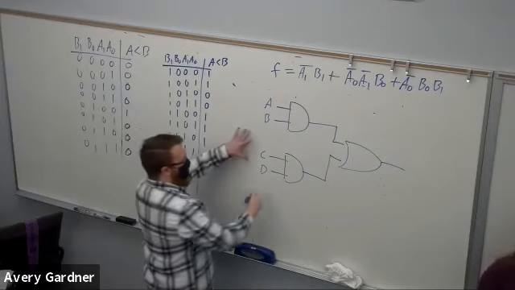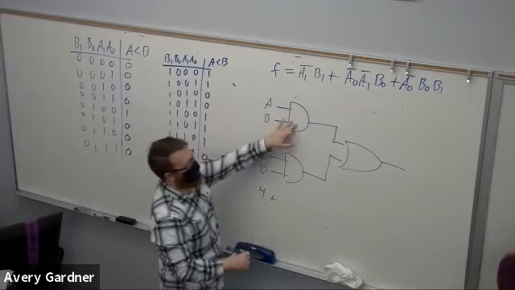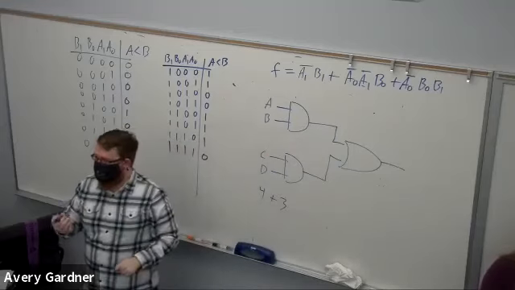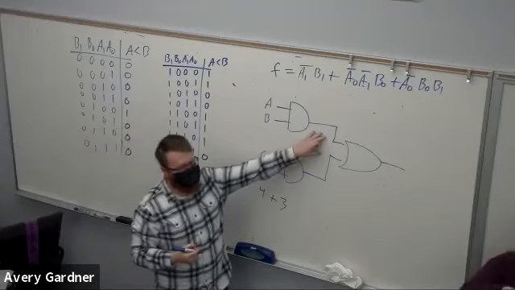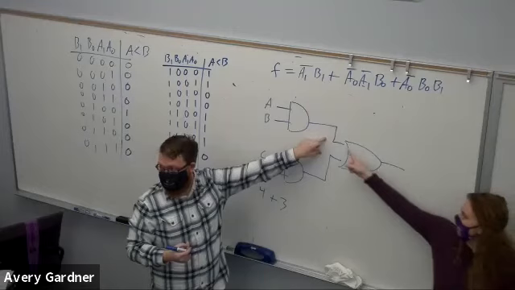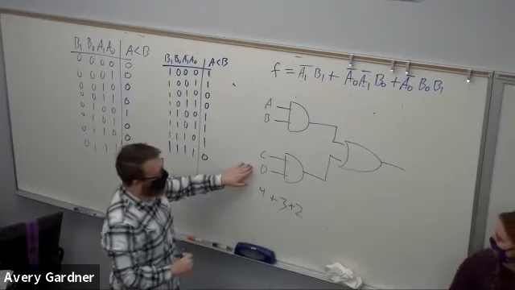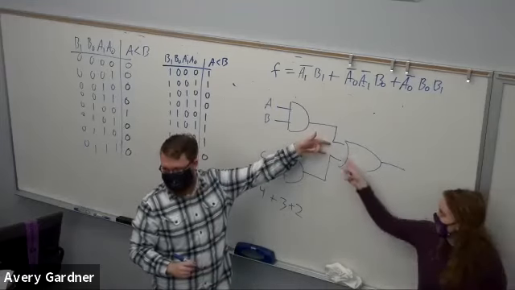Your first instinct is going to be 4 for the number of inputs plus 3 for the number of gates. Unfortunately, they also count the number of inputs to all gates. So I actually have to also add these two. So it's 4 here, 3 for the gates, 2 for the inputs to that last OR gate.